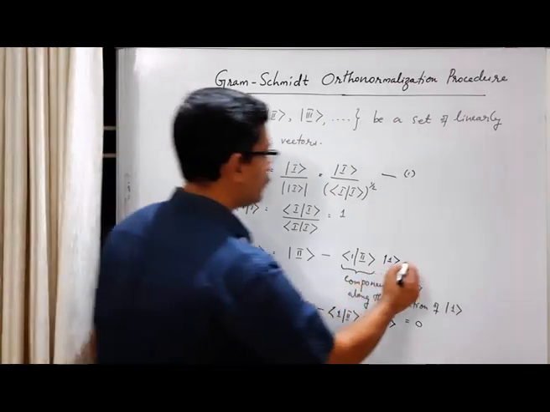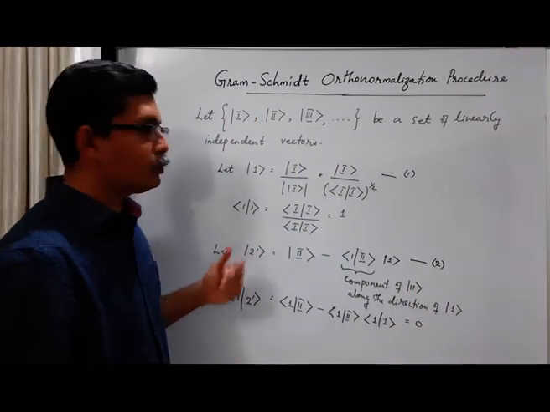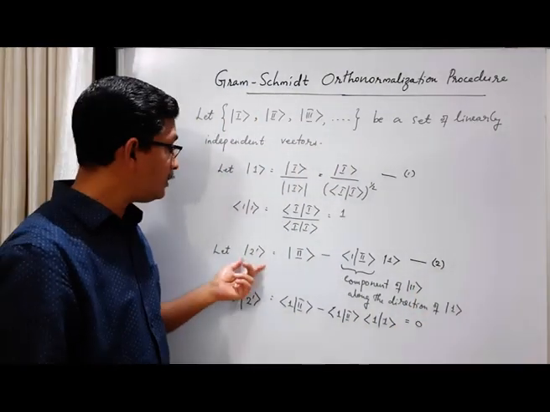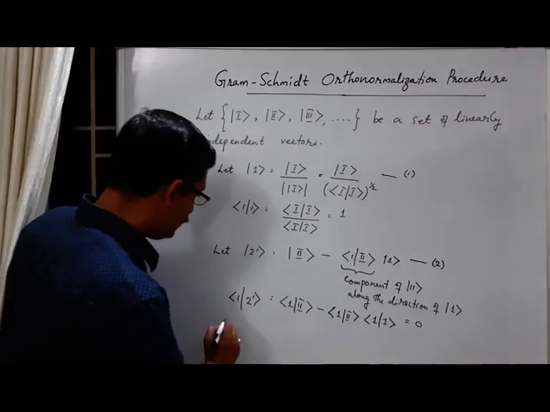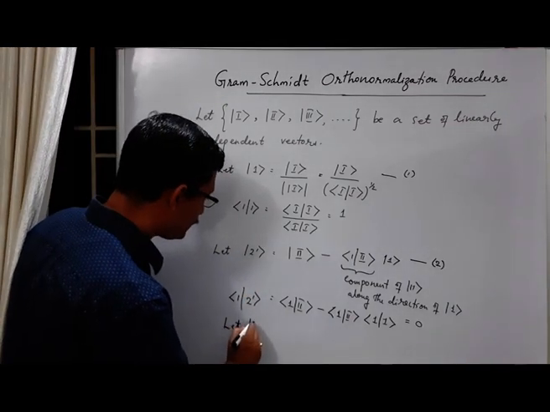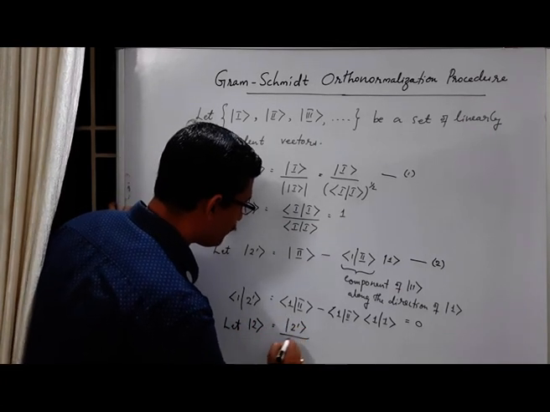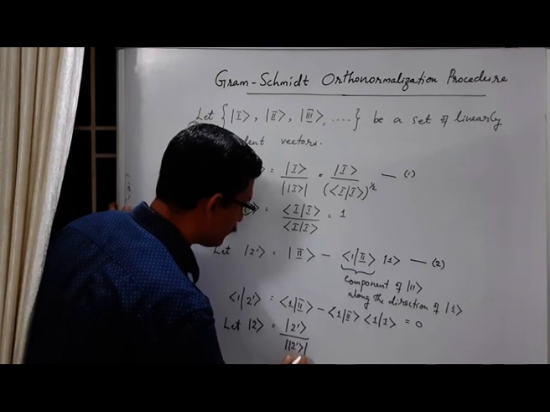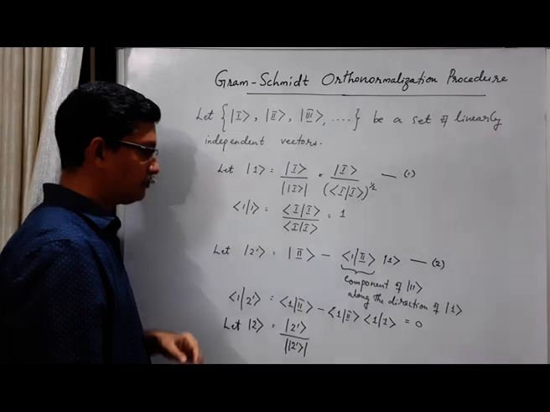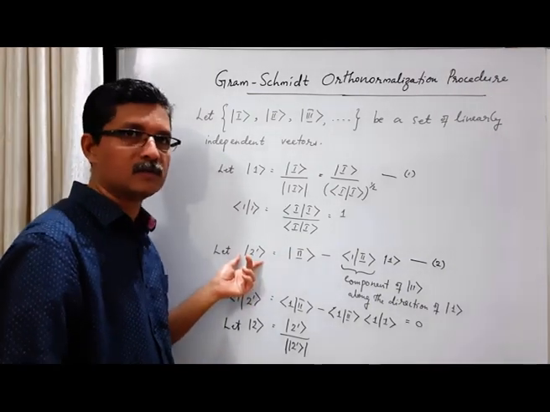So this is, let's call it equation 2. We get |2'⟩, but still this is not normalized. Now we have to normalize it. So we can say let |2⟩ equal |2'⟩ divided by the modulus of |2'⟩. Once you know this vector, you can find the modulus. How?